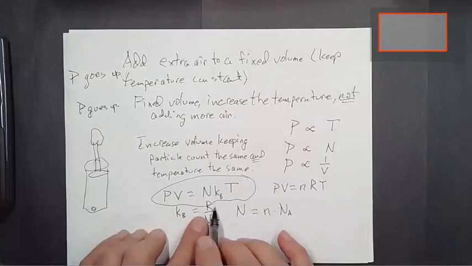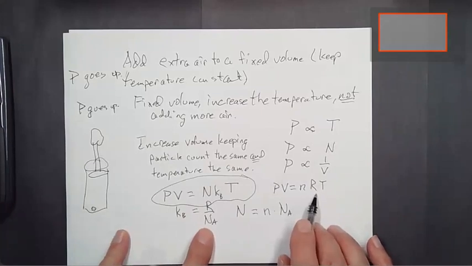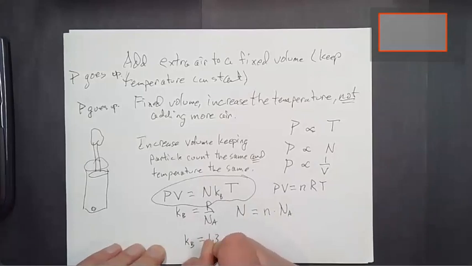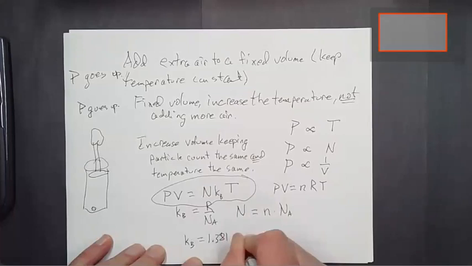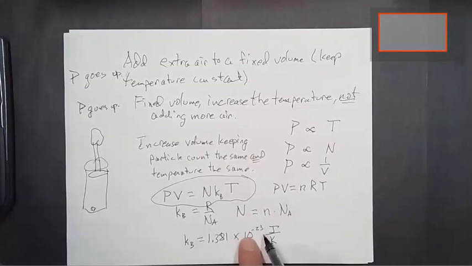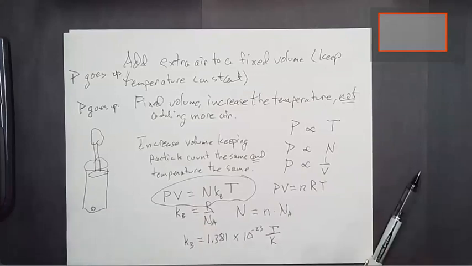Well, if you divide the gas constant by N sub A, you end up with K sub B, to 4 significant figures, 1.381 times 10 to the minus 23rd. In this case, it's not joules per mole Kelvin, it's just joules per Kelvin. And the minus 23 comes about because you're dividing by Avogadro's number, that's how that works out.